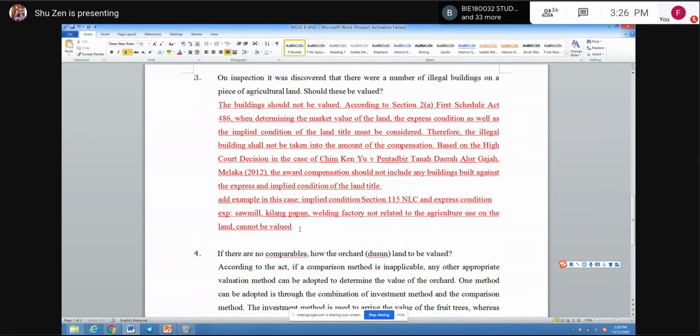Because all the other buildings, other than dwelling, must be related to agriculture. Let's say, for example, you are the oil palm plantation, it must be related to oil palm, related to how to store the palm kernel, for example. That kind of building should be okay.